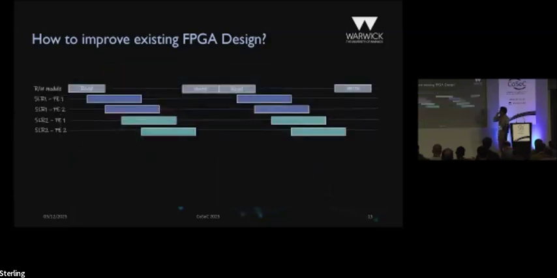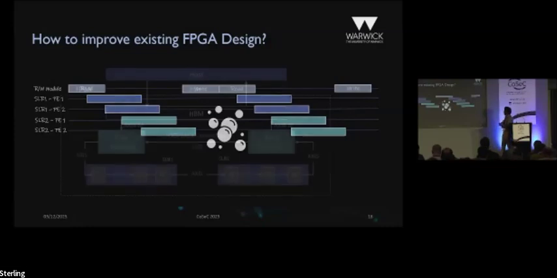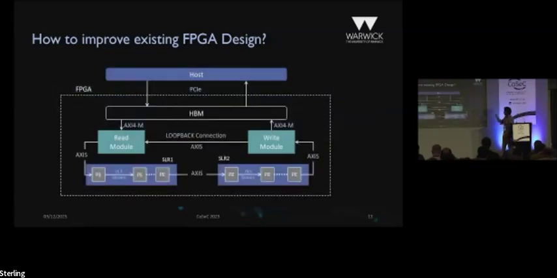If you see it in a Gantt chart, in a timing diagram, you can parallelize your stencil operations. But as soon as you write back to the memory, it's a blocking operation, and you have some gaps. If you can fix those, it is going to give more performance in small grid applications and low dimensional applications. So what we did was introduce a loopback connection mechanism.